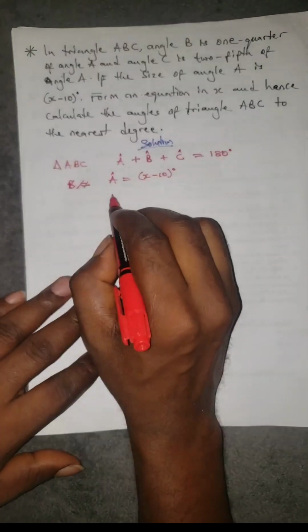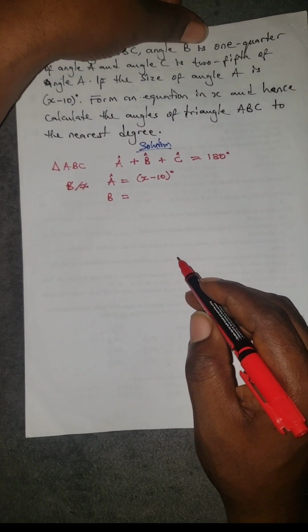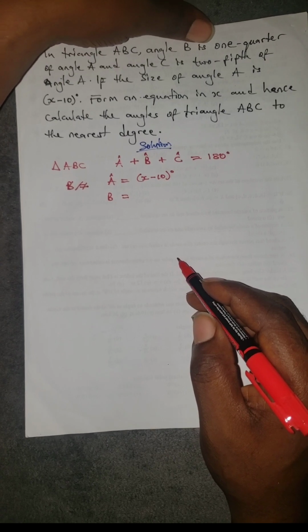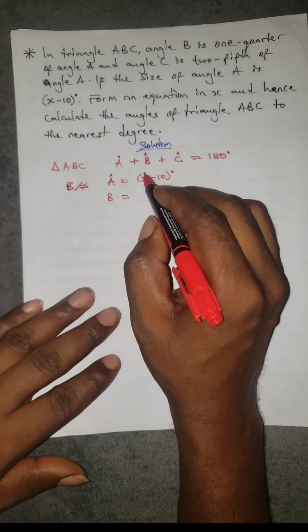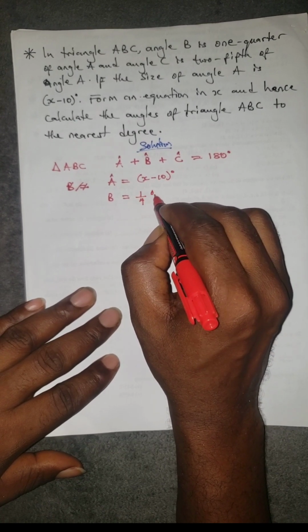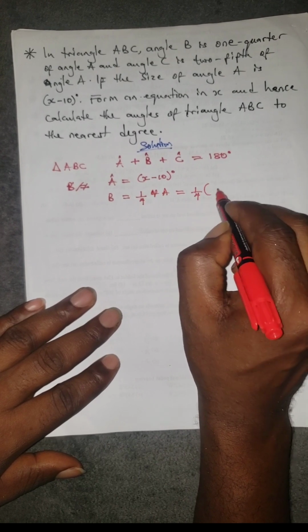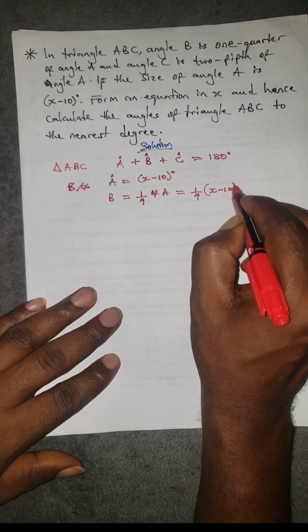Now angle B, from what they said here, angle B is 1/4 of A. So that will give us 1/4 of x minus 10.